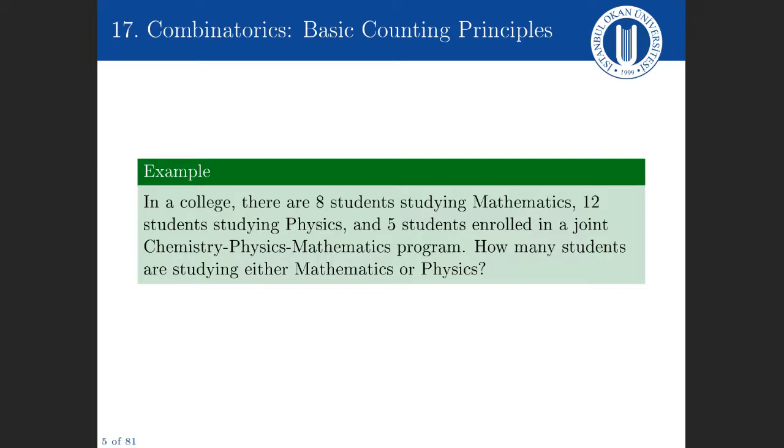Next example. In a university, there are 8 students who are studying mathematics, 12 students who are studying physics, and of these students, 5 of the students are studying both physics and mathematics. The question is, how many students are studying either mathematics or physics?